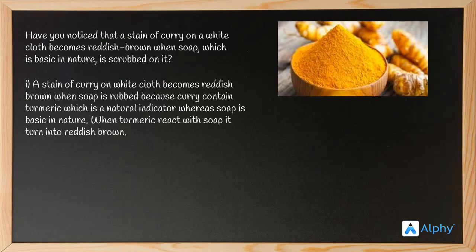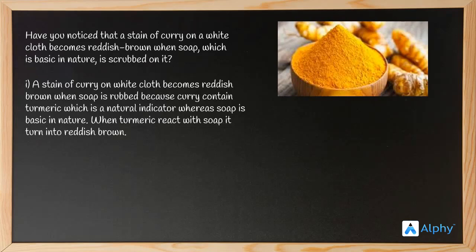So you can actually perform this. Okay, don't stain curry on white cloth, of course. But you can just take a pinch of turmeric powder and put it over any kind of soap. What you will see is that the turmeric powder turns red. This is because soap is basic in nature and thus it is slippery and bitter as well.